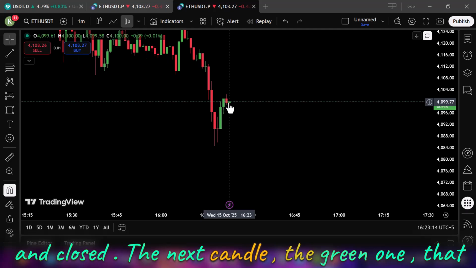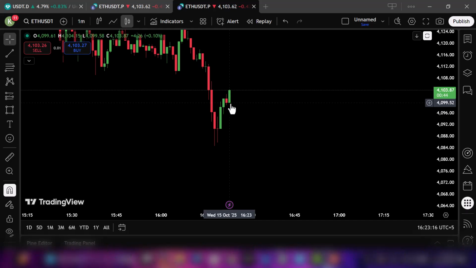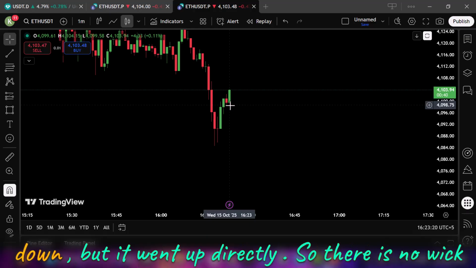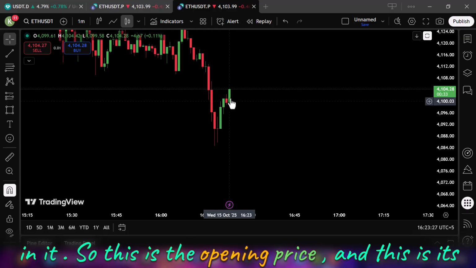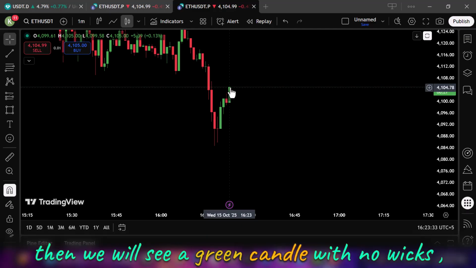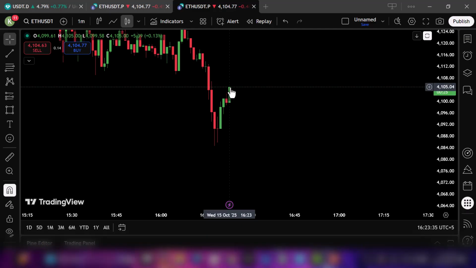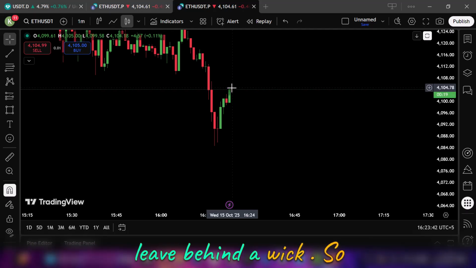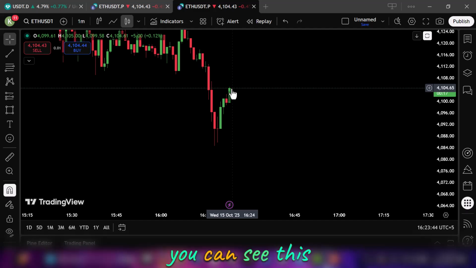The next candle, the green one, its opening price was this, and it didn't come down, but it went up directly. So there is no wick in it. This is the opening price, and this is its current price. For example, if this closes here, then we will see a green candle with no wicks, and this will be our closing price, right? So it does leave behind a wick, so you can see this.